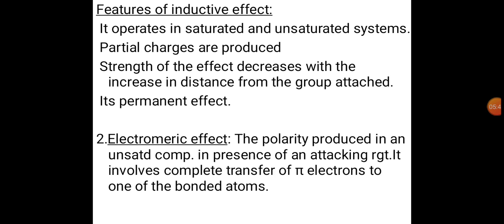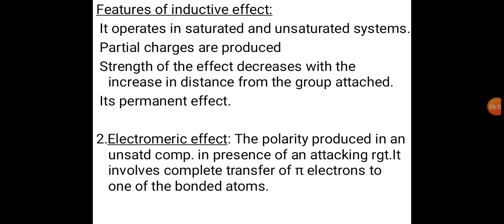And these partial charges are produced. The strength of the effect decreases with the increase in distance from the group that is attached to the carbon. And this effect is always found to be permanent. It is an irreversible effect.